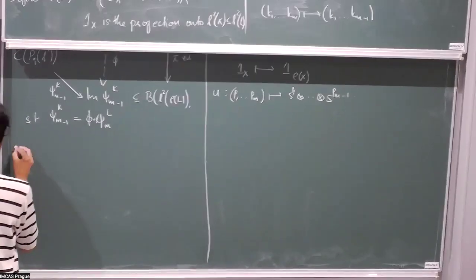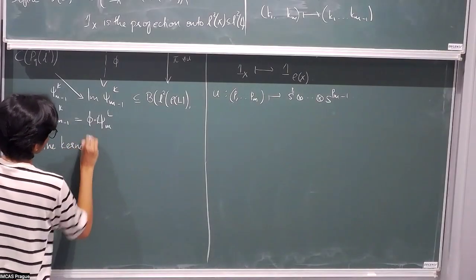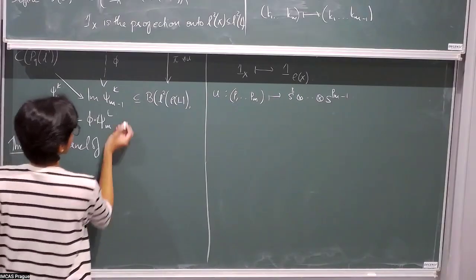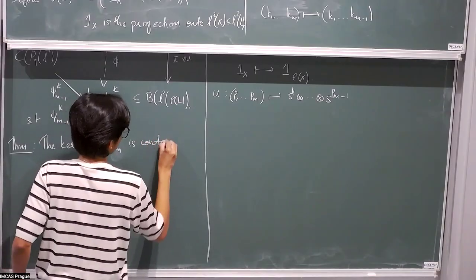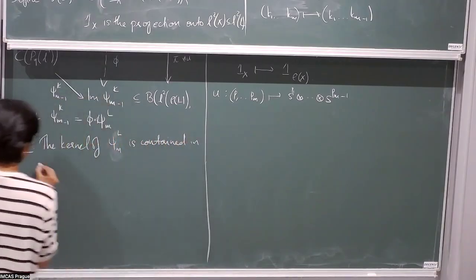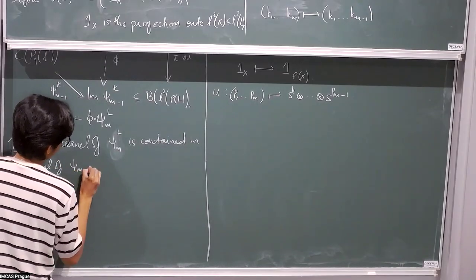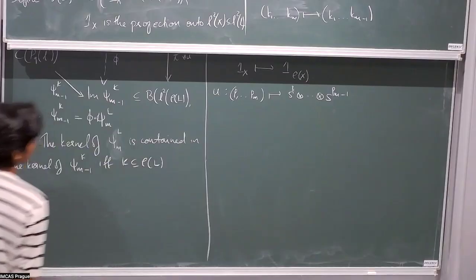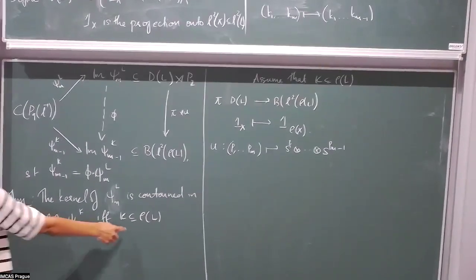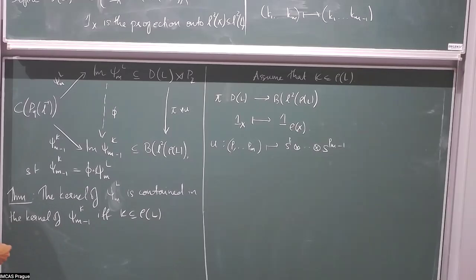But in the end, what we have is that the kernel of psi m L is contained in the kernel of psi m minus 1 K if and only if K is contained in rho of L. So if I have this condition, then I can do this, and then I would get a star homomorphism, and that tells me that the kernel is contained in the other one.